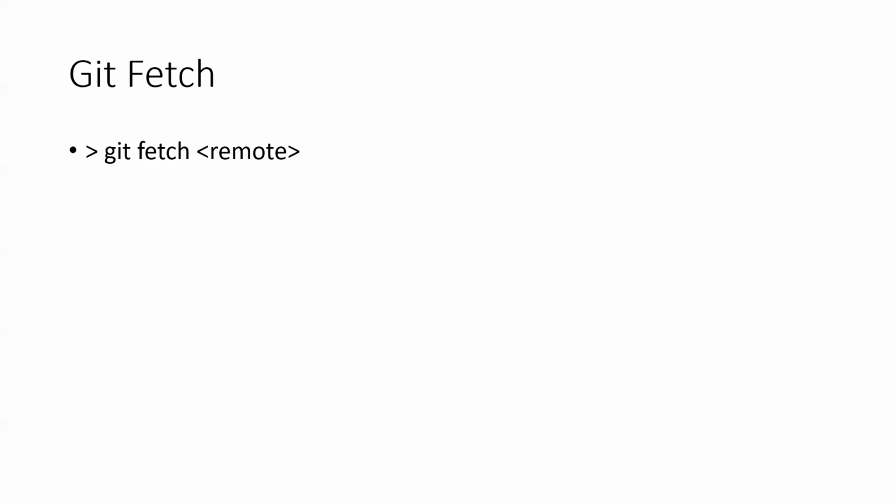Fetching means that whatever is there at the remote, that means in the GitHub portal, will be fetched and your local clone will be updated. If you are using a graphical interface, it will show a number like 15 or 20, and the fetch or pull option should be there.